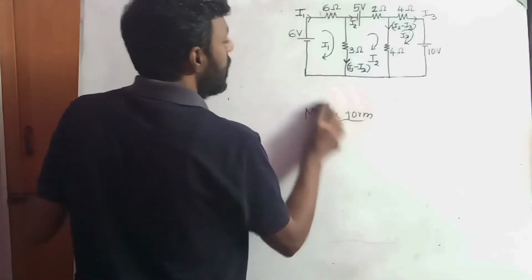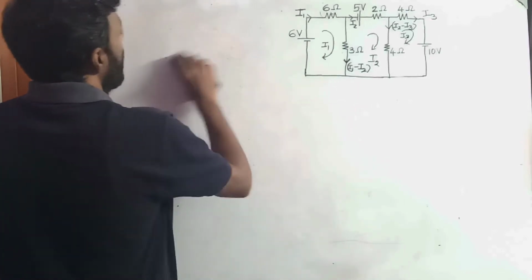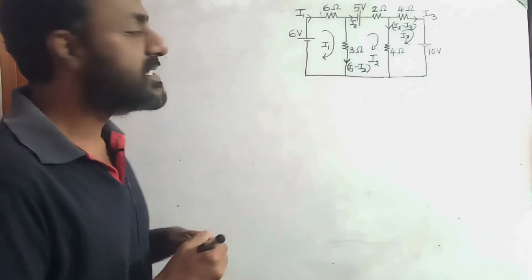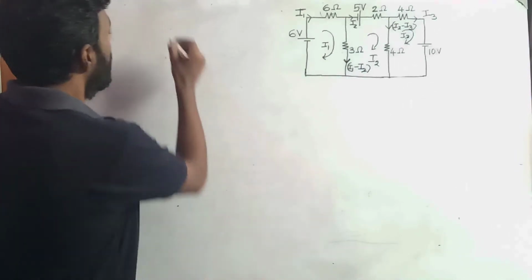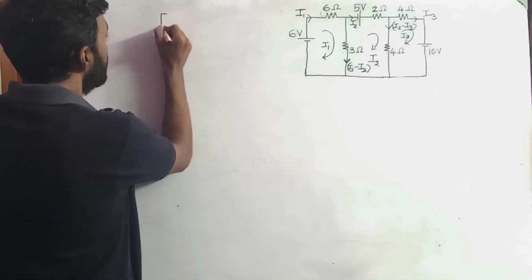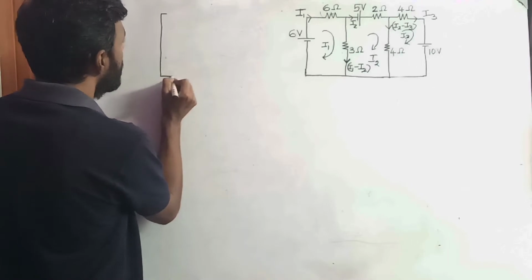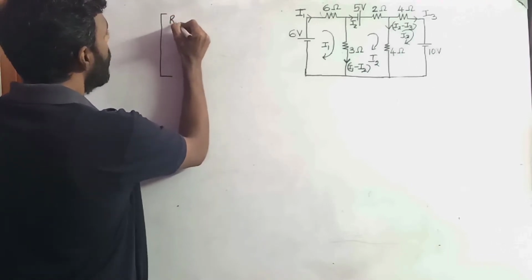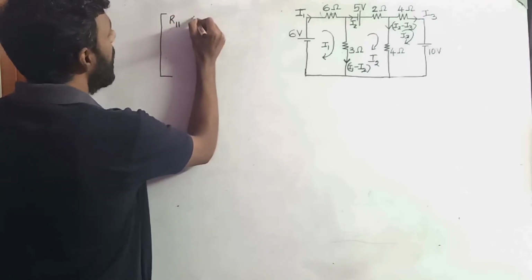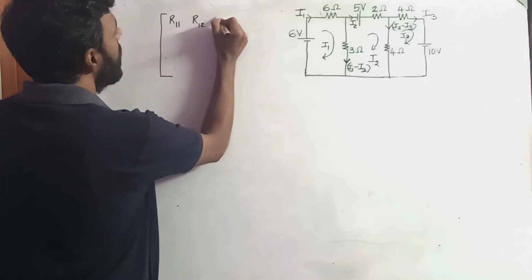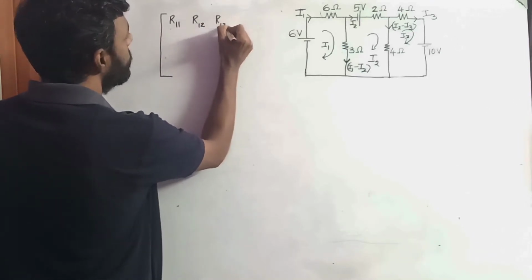So the first thing is the format of this mesh analysis. Here I am constructing a matrix. Here this is R11, this is R12, R13.